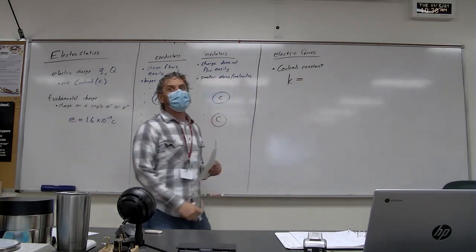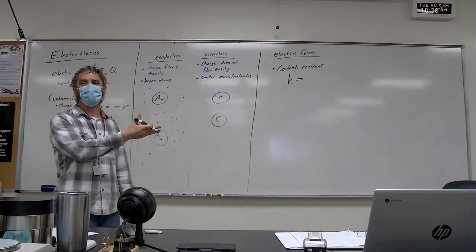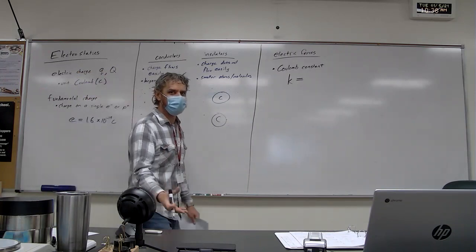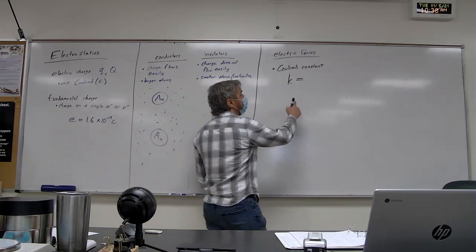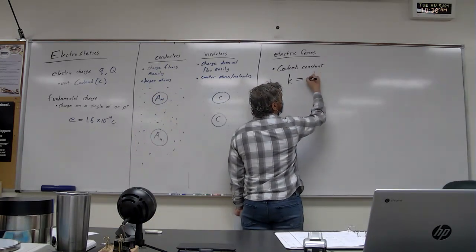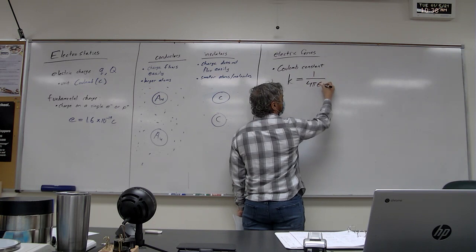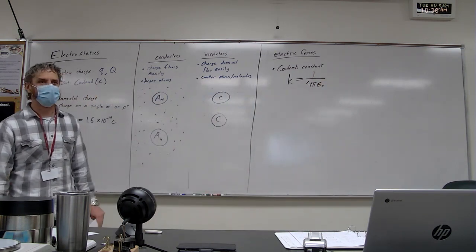Okay, so it is actually in terms of another constant, and you might wonder why we have this, but when we start studying electric fields and Gauss's law, and really start getting into Maxwell's equations, you'll see why it's important. But k is actually 1 divided by 4 pi times another constant, usually referred to as epsilon naught.